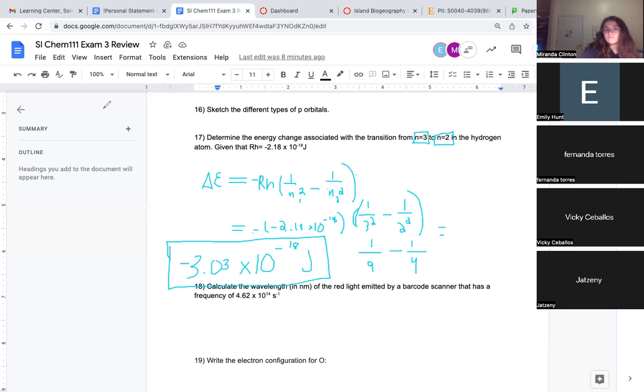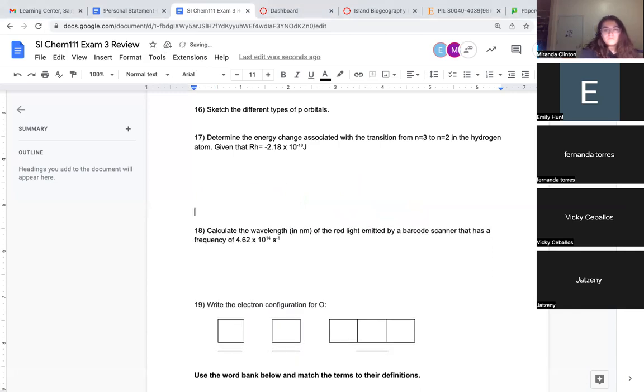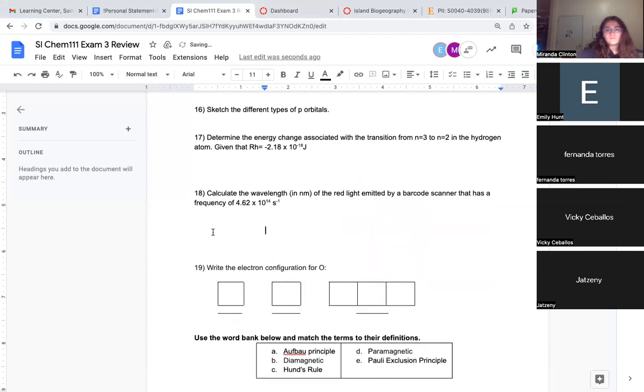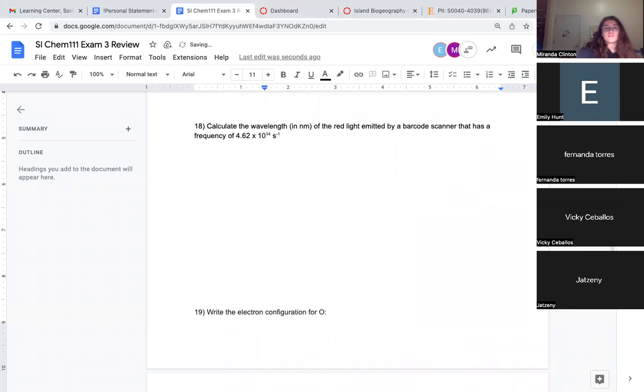Any questions? Okay. Is this the one that was on the quiz? Yes, because it's talking about calculating wavelength. They had to calculate the energy and the wavelength.